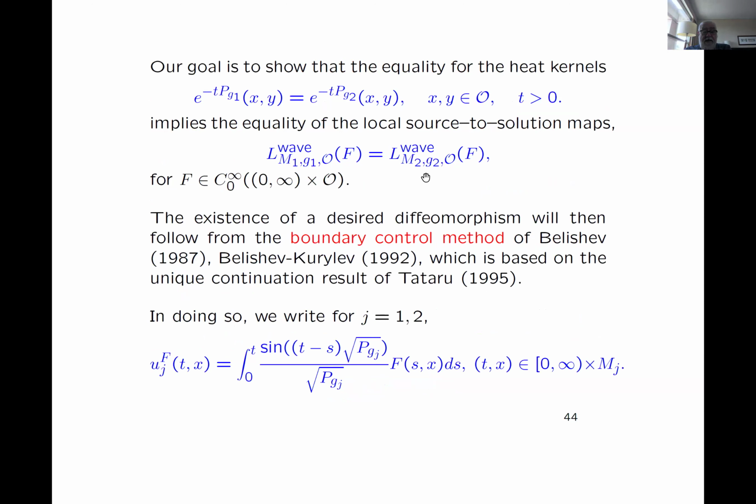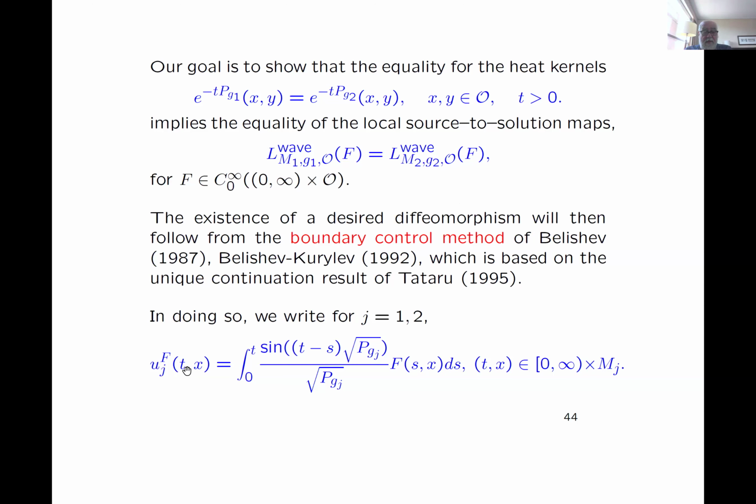As I mentioned before, once you know that the wave kernels are the same, there is a consequence of the boundary control method of Belishev, Kurylev, and so on, which relies on the unique continuation theorem of Tataru. Then the two metrics, one is the pullback of the other by a diffeomorphism that is the identity in O.